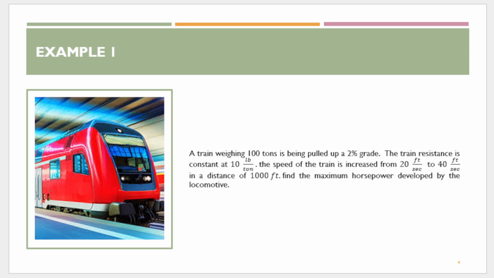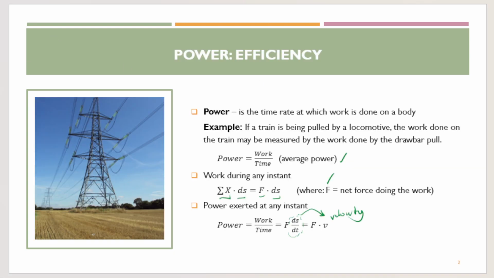To solve this one, we have to remember our work equation, or work-energy: the summation of X ds is F ds. We know that the net force comes from the inertia force.